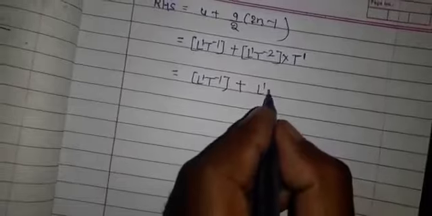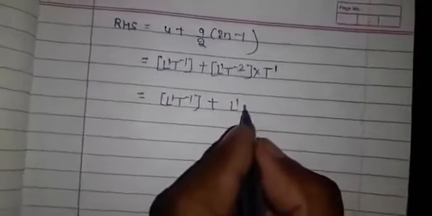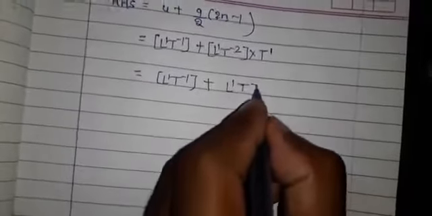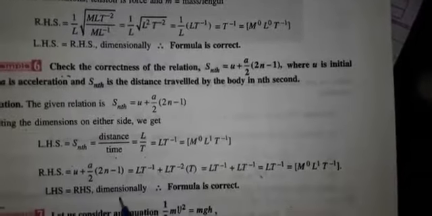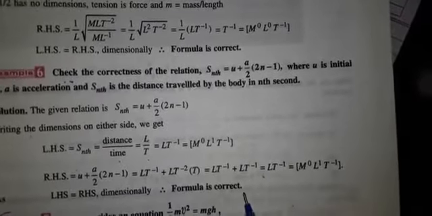So according to the rules of powers of components, it becomes T minus 1. Okay, L1 T minus 1, L1 T minus 1. And what is the dimension on the LHS side? LHS side is also L1 T minus 1. Okay, so the given equation is correct. So M0 L1 T minus 1, and LHS equal to RHS dimensionally, so the formula is correct.